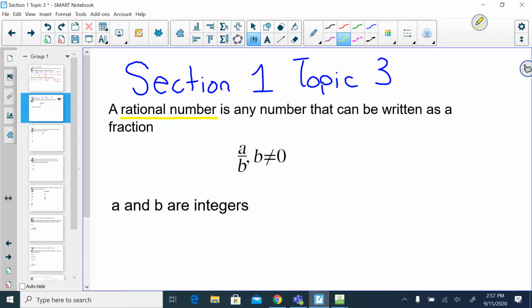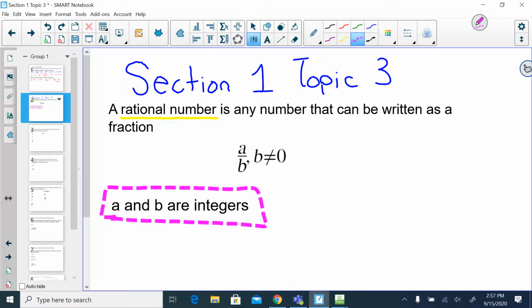Okay? But here's the main thing, is that A and B are integers. Okay? Understand that integers are just your natural numbers and their opposites. So it's negative 1, negative 2, negative 3, negative 4, negative 10, negative 13, negative 1,887, negative 1 million, and it's also all your positive numbers as well, and zero.